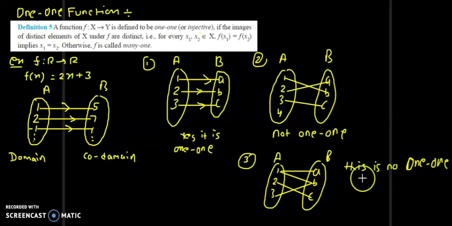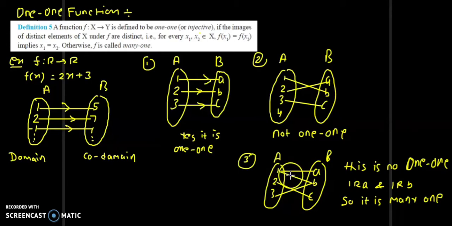It is a function but not one-one, because 1 is related to a and 1 is related to b also. So it is many-one. One has 2 images coming here. If we need a unique image only, then it is one-one, otherwise not. Clear? Write down till here fast.